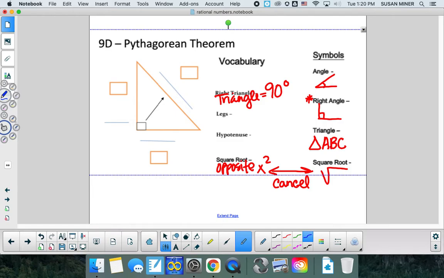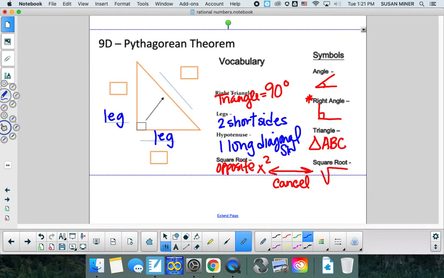Okay, the other vocabulary that we need to know are the legs. The legs are the two short sides of a right triangle. This would be a leg on this side, and this would be a leg on this side. The hypotenuse is the one long diagonal side. It is the longest side of a right triangle.